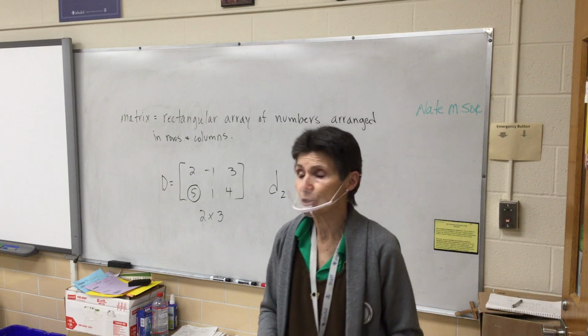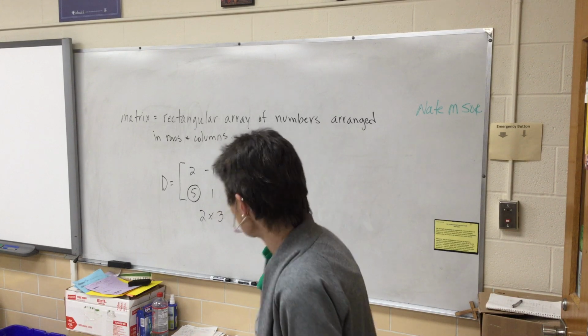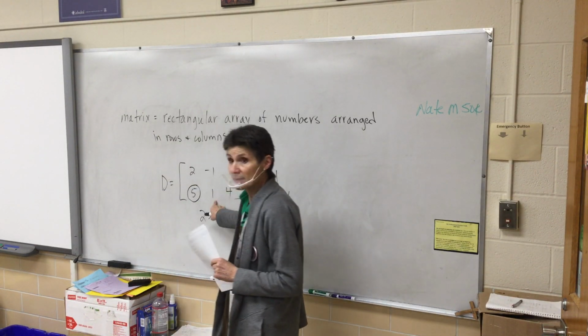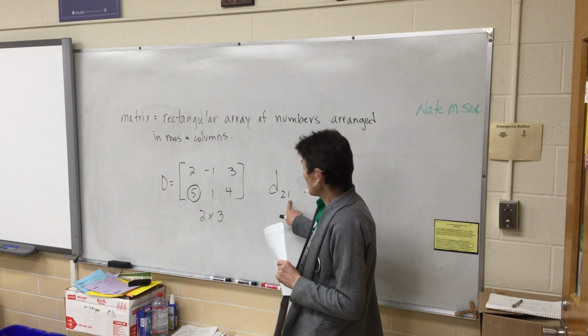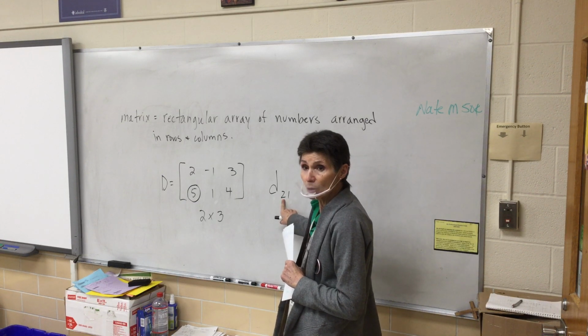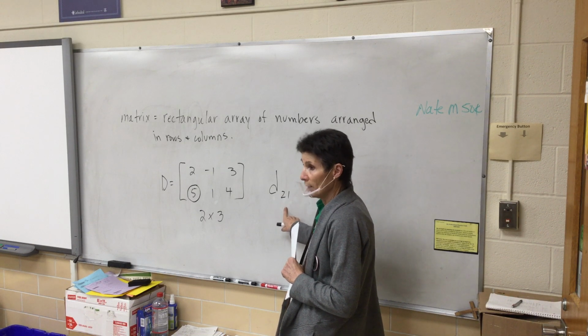First of all, I would use a little d because the lowercase d says I'm a member of matrix D. And then the 2-1 says I'm the element in matrix D that's in the second row, first column. That's not a 21, that's a 2-1, second row, first column.